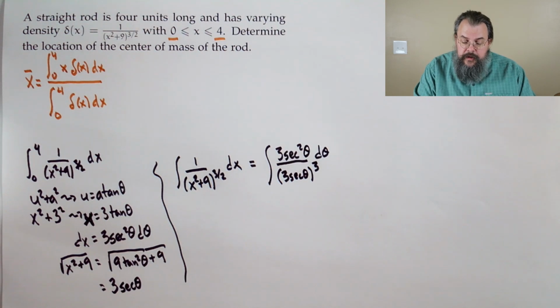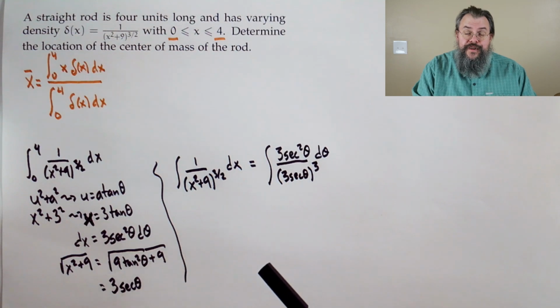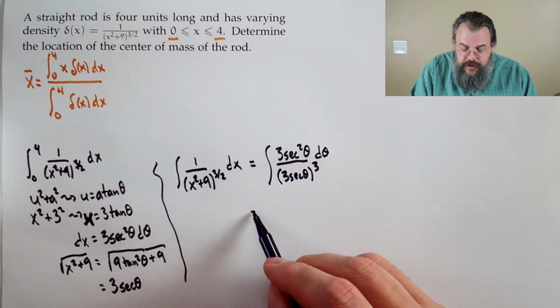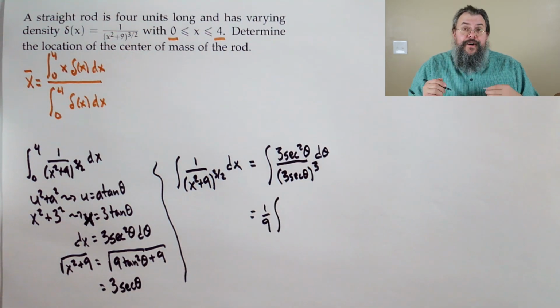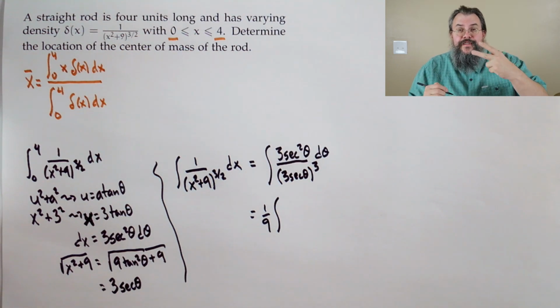And we say, okay, well, things are looking promising. Let's talk about our 3's. We have one 3 upstairs. We have three 3's downstairs because it's 3 cubed. So if we cancel off a single 3, we're going to be left with 1/9. So that's our constant. Now let's talk about our secants. There's 2 secants upstairs, secant squared.